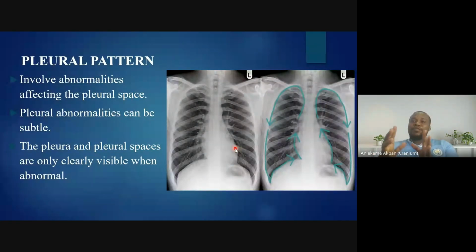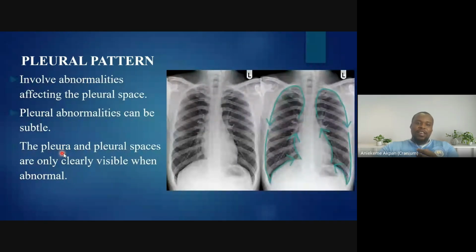There's no free space in the abdomen. I've had a conversation with somebody once, and they mentioned that they removed an organ because there was a free space there. No, there is no free space in the abdomen. What you rather have in the human body is potential space, not actual space. Just like we have the pleural space, it is a potential space. It's not as if it's an obvious space for you to see. You can only see it when there's an abnormality.